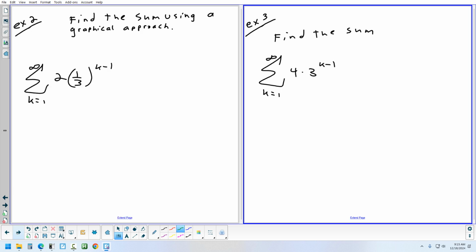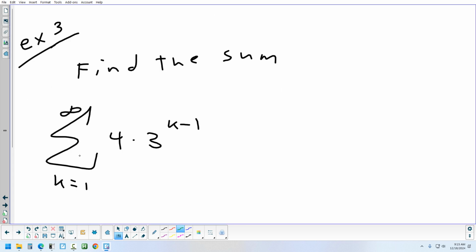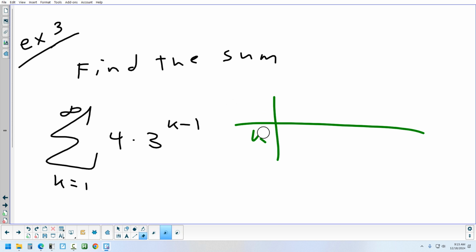All right, let's try this one. Let's see if we can find the sum if we add up every number from 1 to infinity for this one. You know what? Let me put k on top.